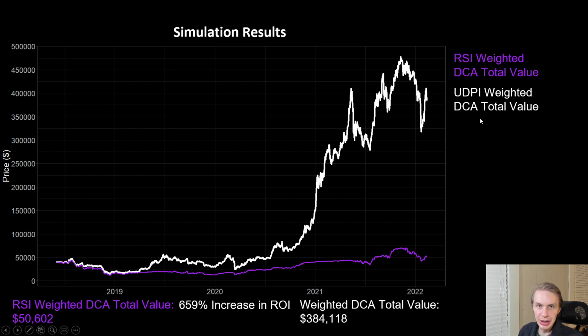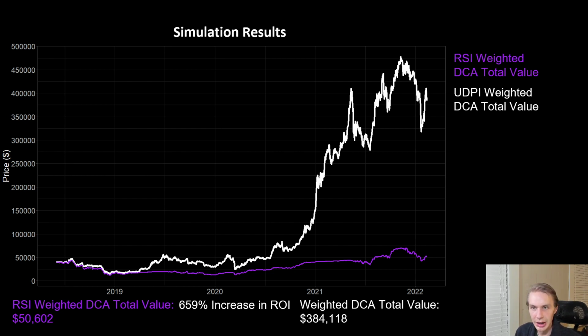And so that's really where I see the value of the UDPI, is that it's not decontextualized. It understands the whole history of the asset up until that point, and it's making its risk assessments based on what it knows about the asset's entire history. The UDPI learns from that entire history and is able to assess risk in context: what it's seen that asset do in the past, or how the asset has tended to behave.